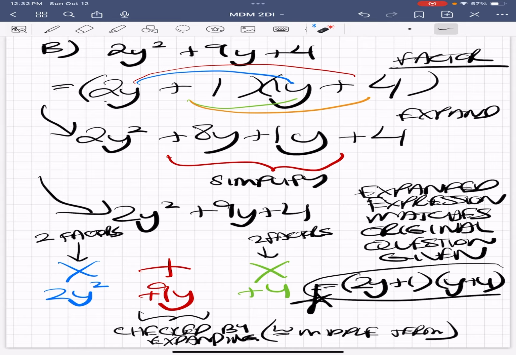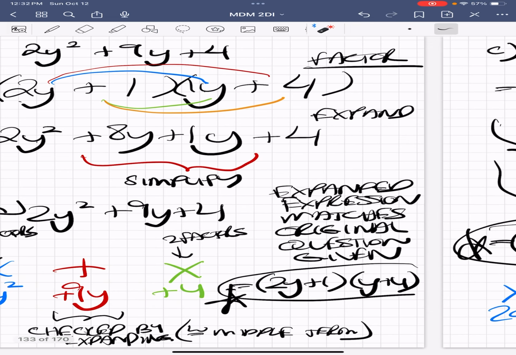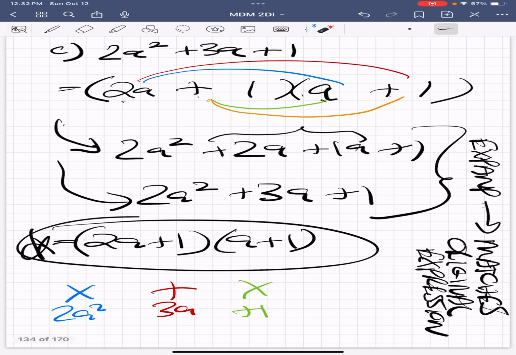Again, we have two factors that multiply to 2y² that add to the middle term, multiply to plus 4 as well. And then we have this question, 2a to the power of 2 plus 3a plus 1.